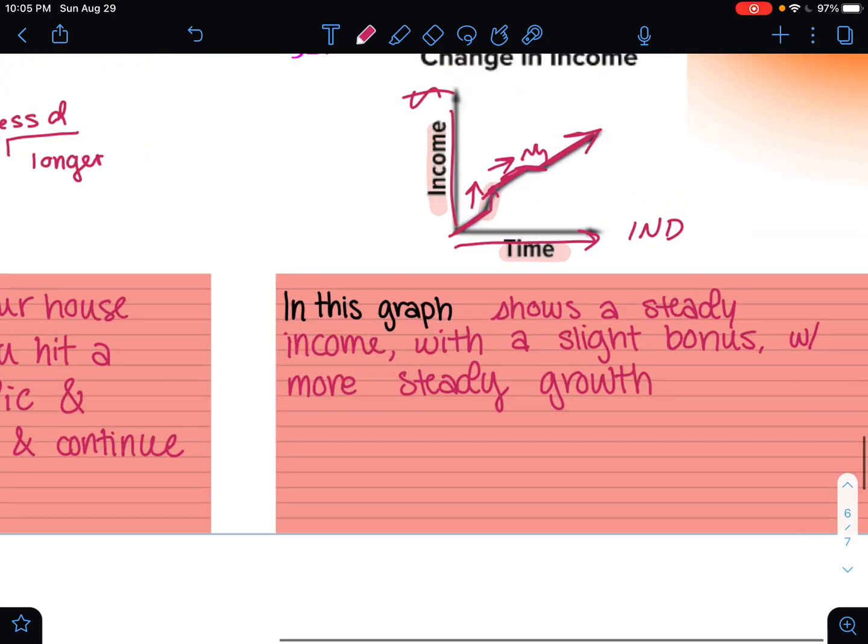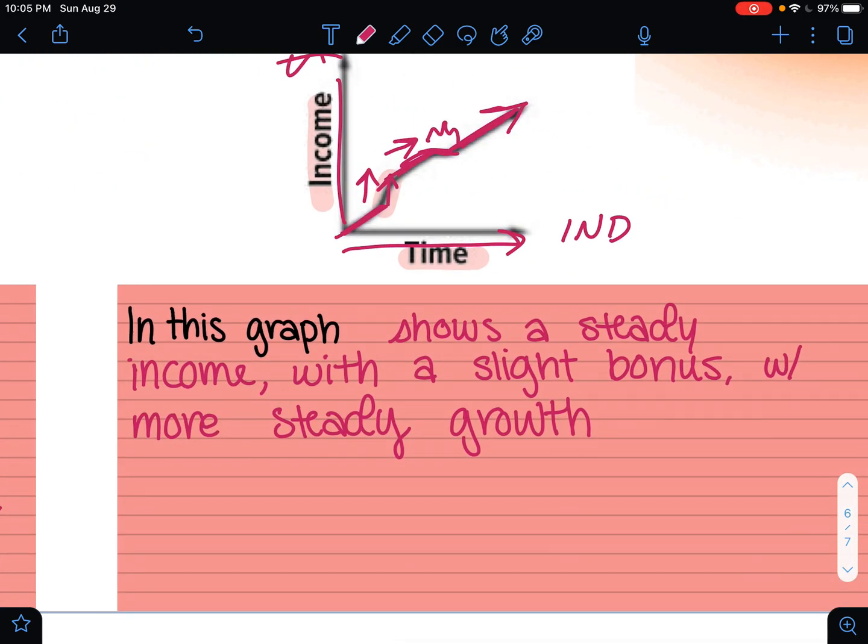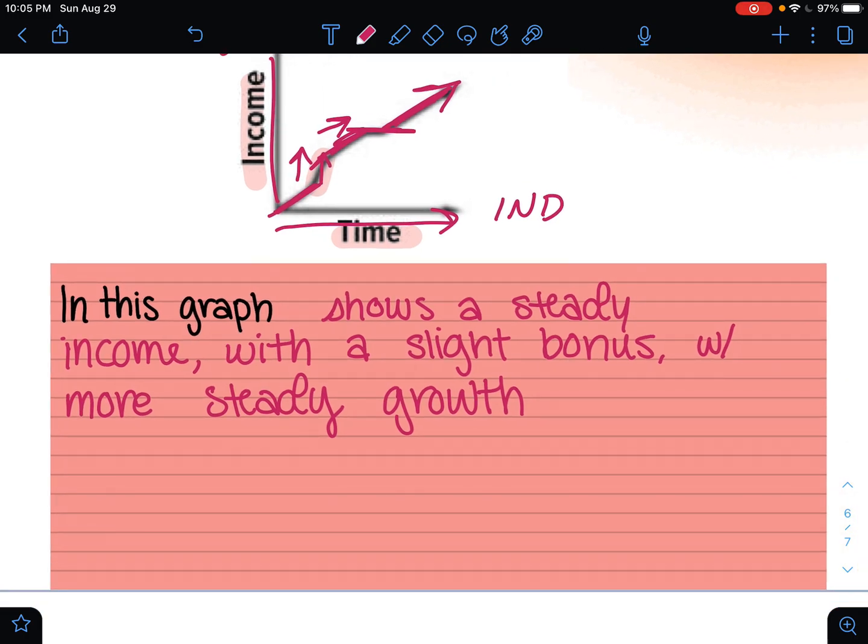And then we see this spot where there is no increase in income. It goes flat and the time keeps moving, so you can tell that the person wasn't getting paid during this time.